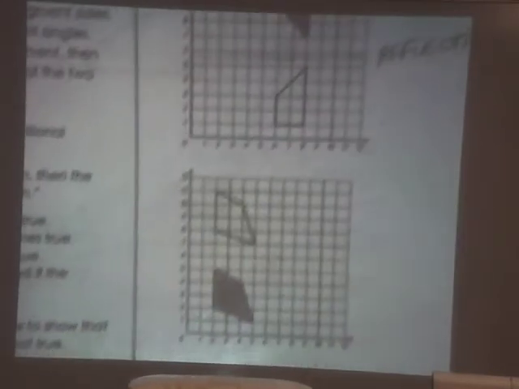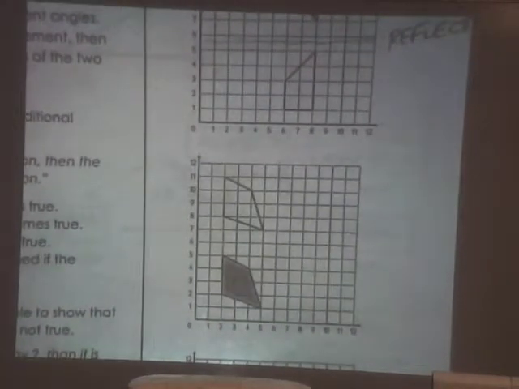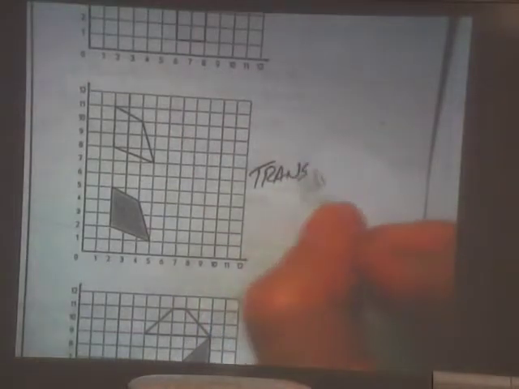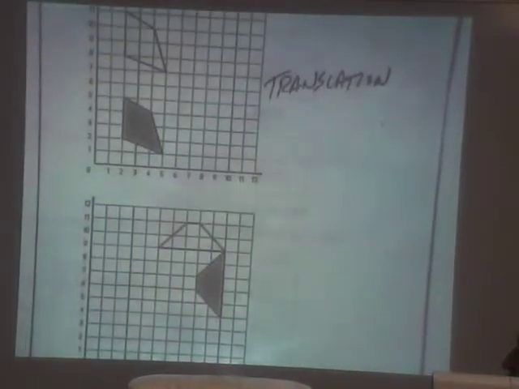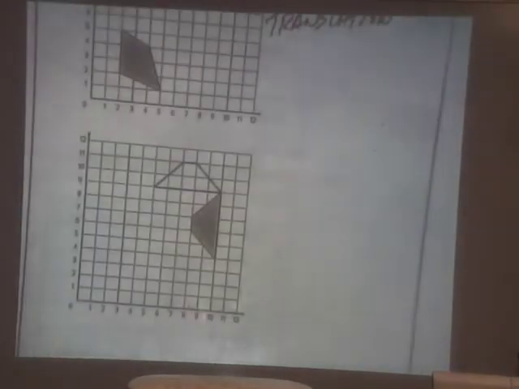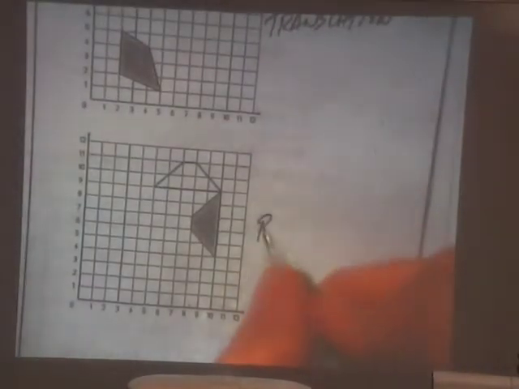And we're going from the shaded region to the unshaded region. What do you call that? Translation. And from the shaded region to the unshaded region, rotation. It's like a rotation. Very good.